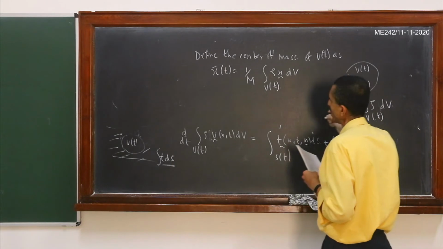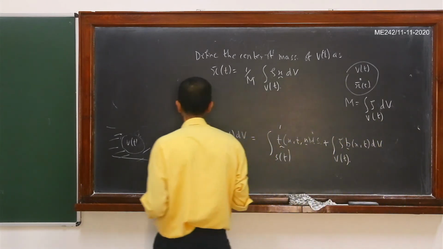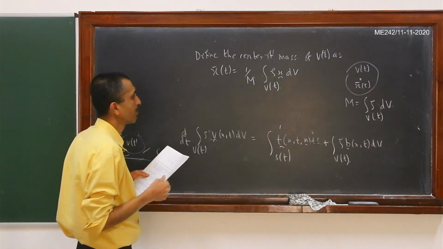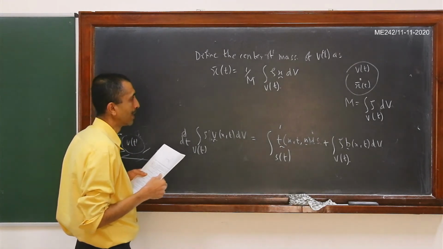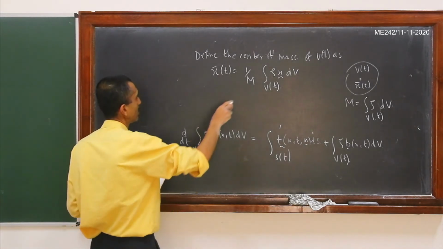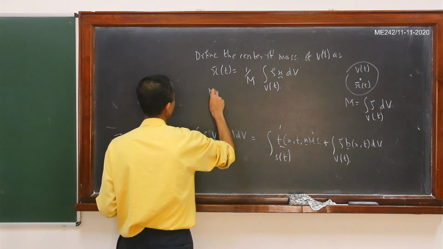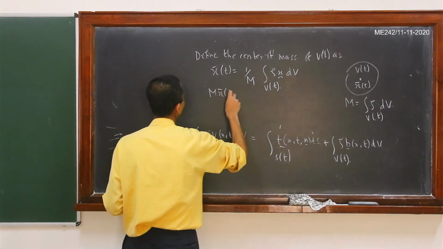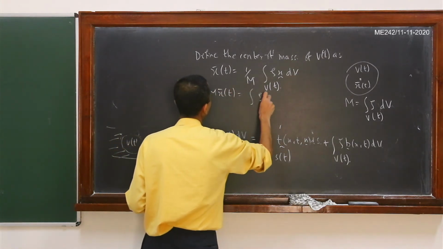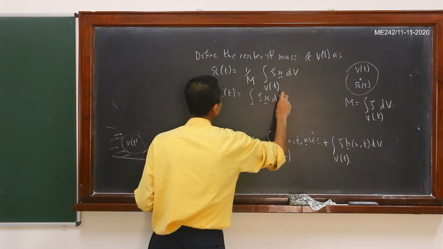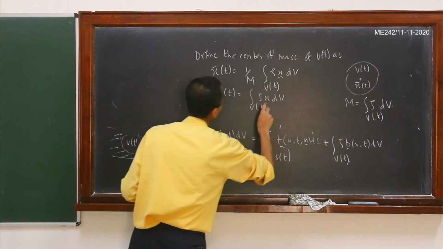So I can write this as m times x bar of t is equal to the integral of rho x times dv over V of t.